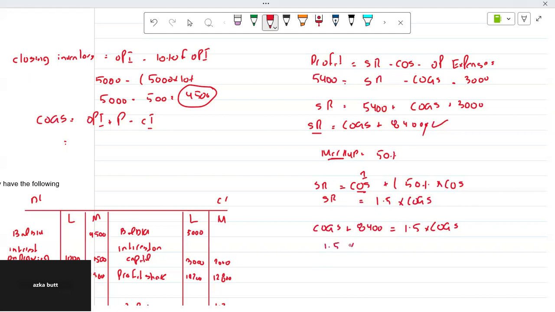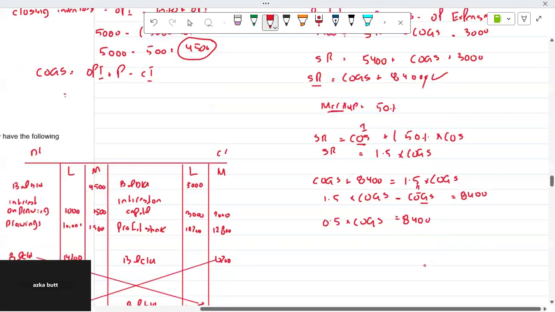Now we are going to shift it here: 1.5 times cost of goods sold minus cost of goods sold is equal to 8,400.